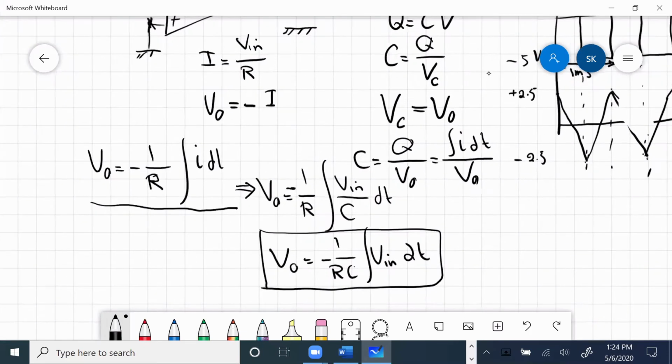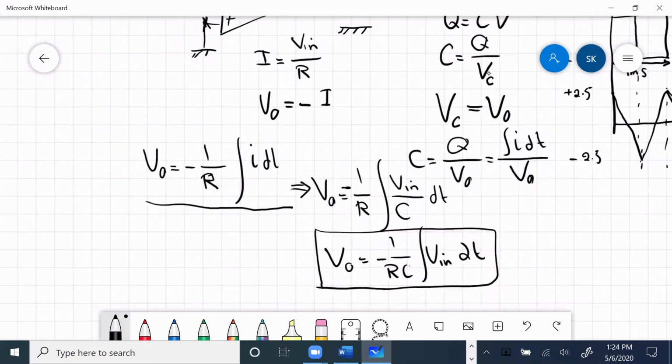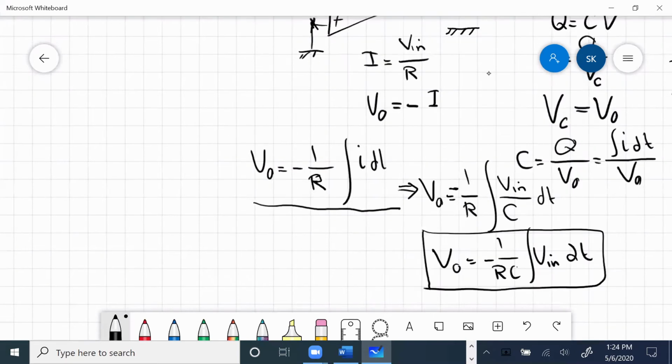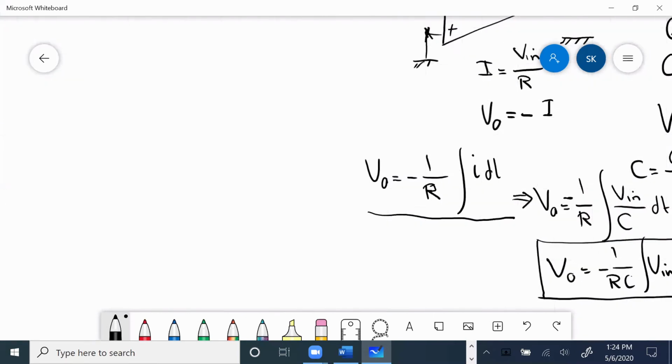All right. So this is an integrating circuit. We can swap the place of R and C and get a differentiating circuit.